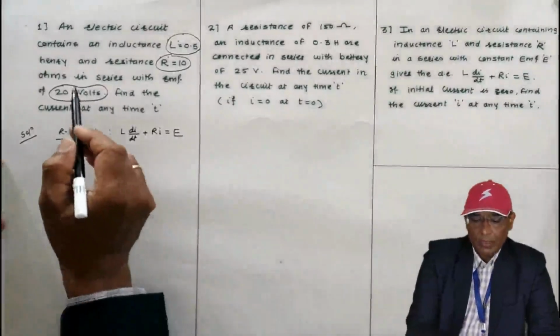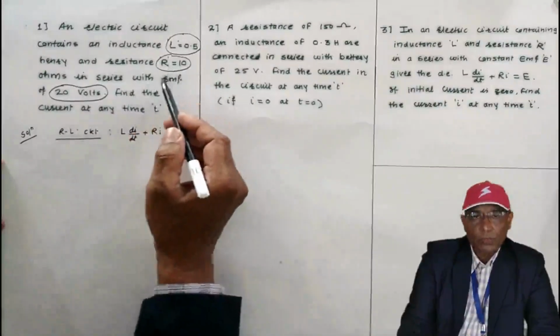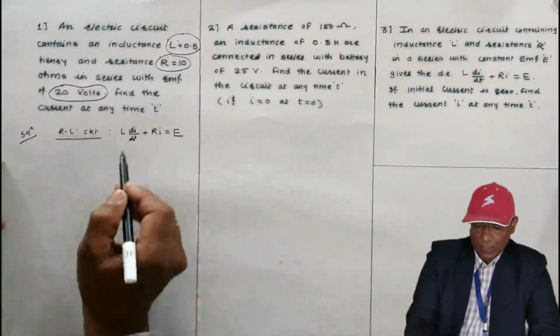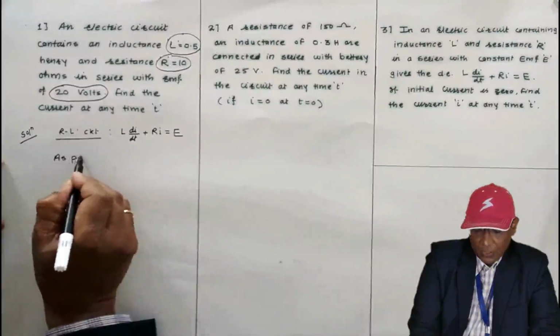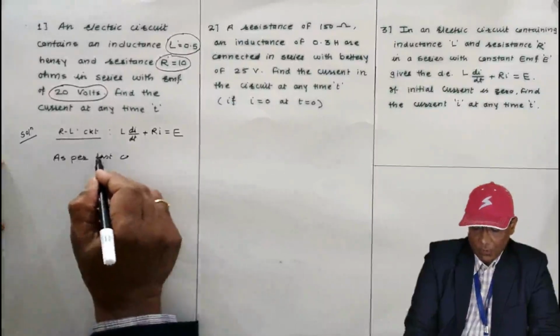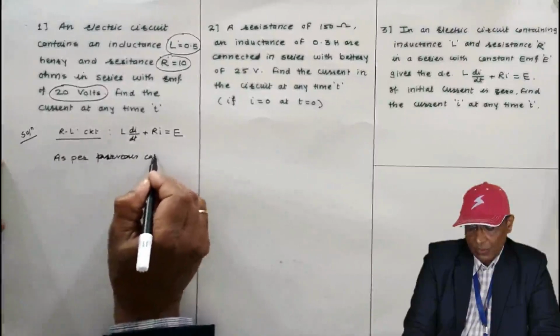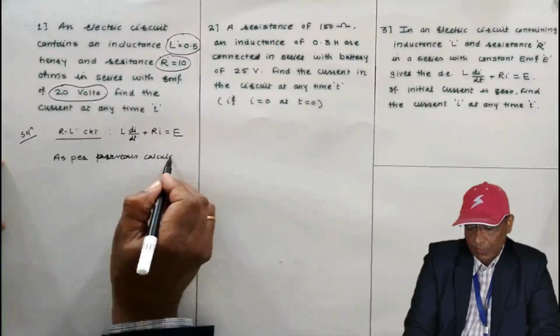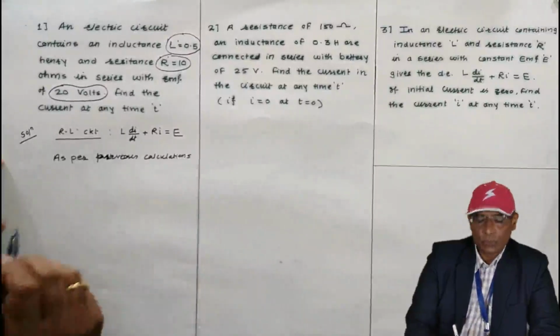Now, when this problem is asked in examination, try to find the value of I in general. As per the previous calculation I am writing, those calculations I am not going to repeat here in order to save time.